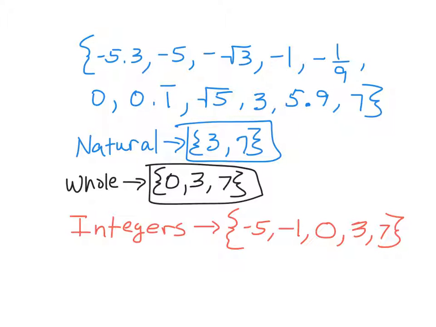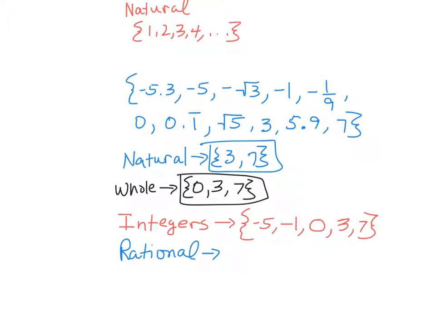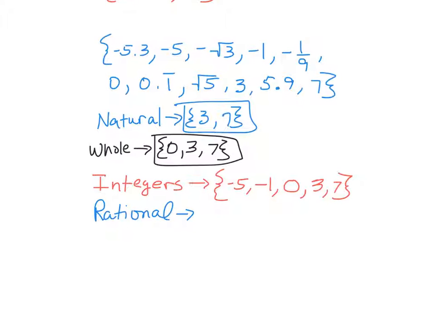Okay, let's go next with the set of rational numbers. And really, if we're going to do that, it might be easier to think about the numbers that are irrational.